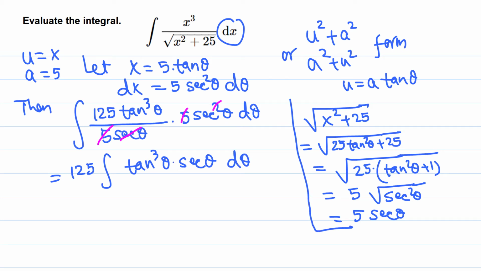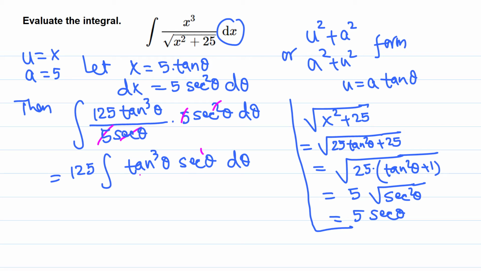Now we have a product of tangent and secant. And now we need to recall the rule. When we have secant with an odd power, then our u should be secant theta.